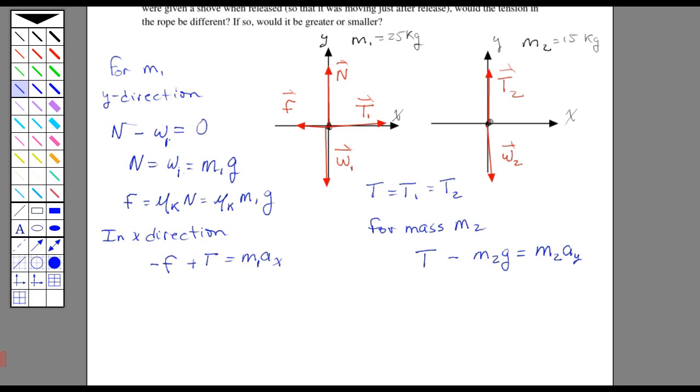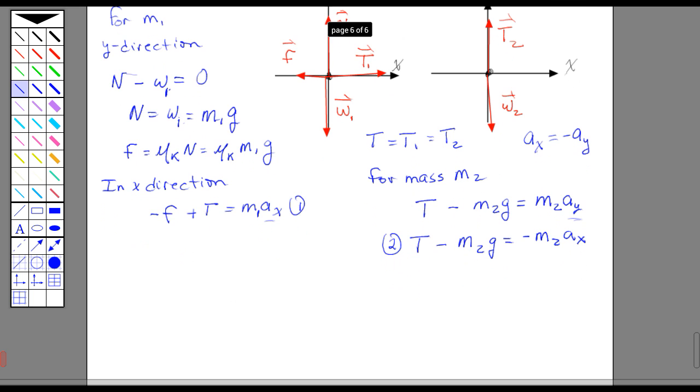Now, one thing to note about a_x and a_y in these two equations is that a_x should equal minus a_y. They should be the same acceleration, but one is going to be negative because it's going in the negative y direction. So for our second equation, I'm going to write it as T minus M2 g is equal to minus M2 a_x.